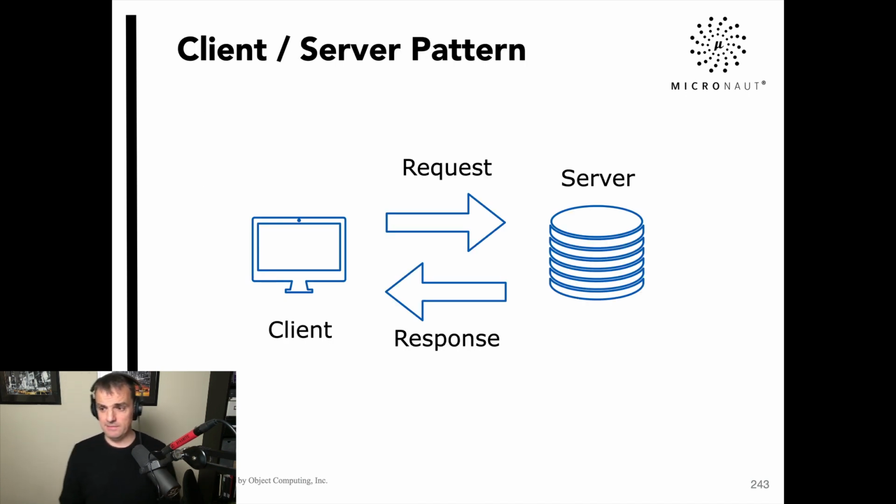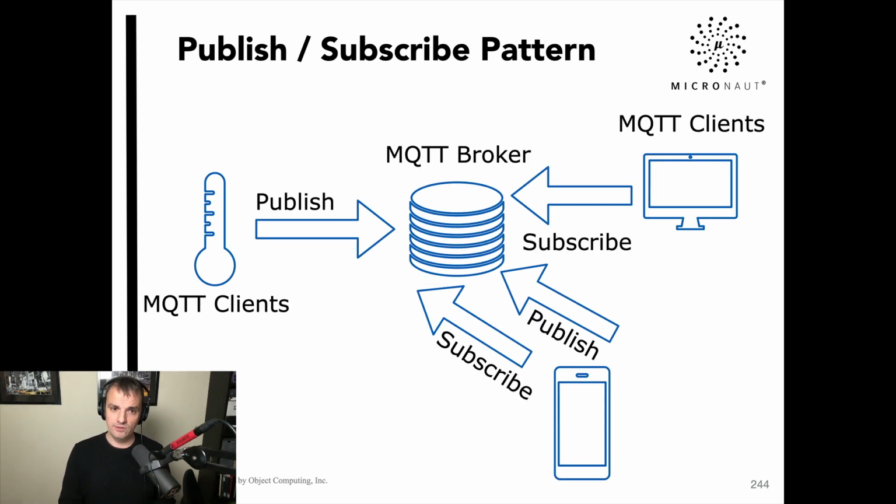Traditionally, in many Micronaut applications, we used a client and server pattern where a client makes a request and the server generates a response, either a JSON payload or an HTML site or whatever. When we talk about MQTT, we are talking about a publish subscribe pattern.